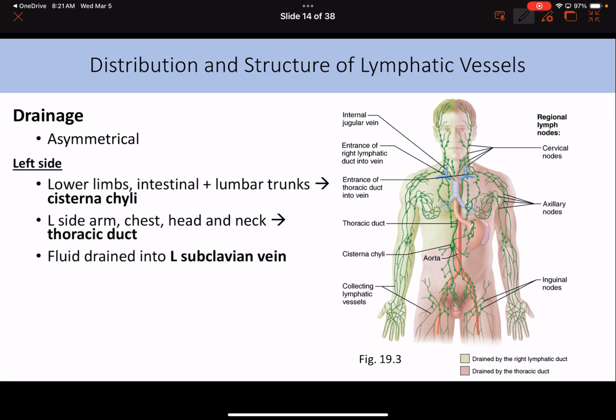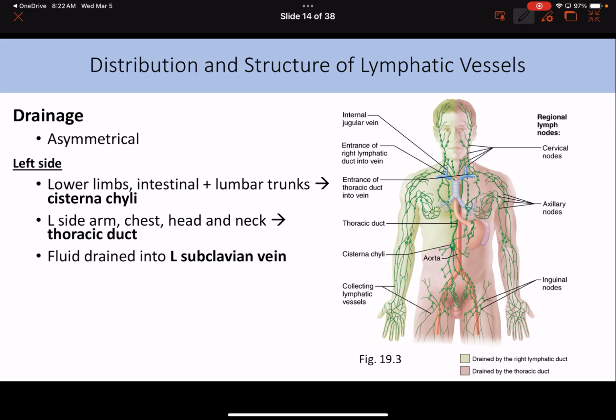So the left side of the body, so your lower limbs and your intestines and your lumbar trunk, so on the back of your body, all of that fluid, so from your legs and your abdomen and your back, all of that fluid goes through a large lymphatic vessel called the cisterna chyli.